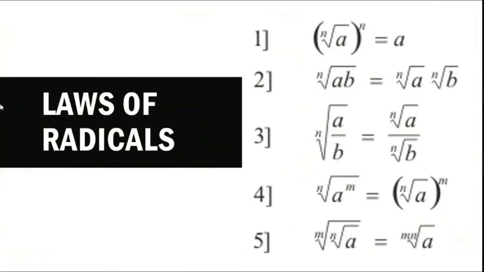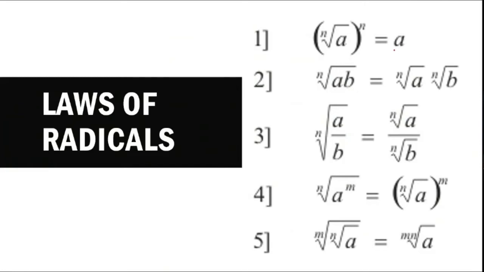As you can see here, number 1, the nth root of a raised to n is simply based on our previous lesson as well. We have encountered this, that when the index is the same as the power, the answer is a.